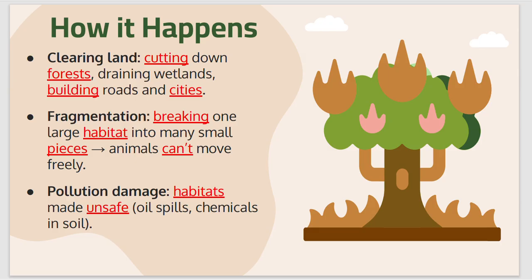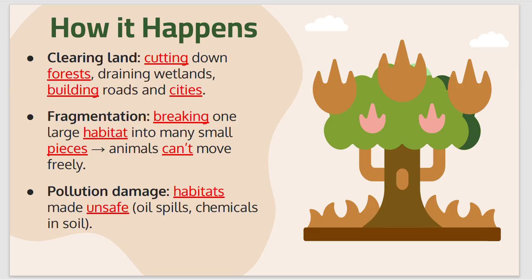So how it happens. The 3 big ones for habitat destruction is clearing land. This means cutting down forests, draining wetlands, and building roads and cities. So this is just completely clearing land that was naturally existing, and using it for other purposes usually.